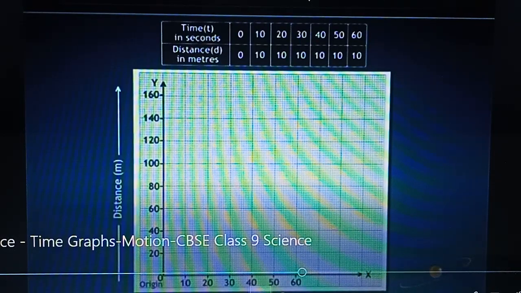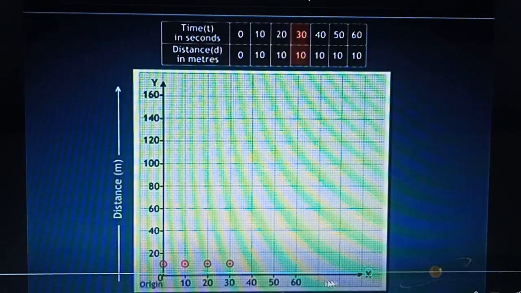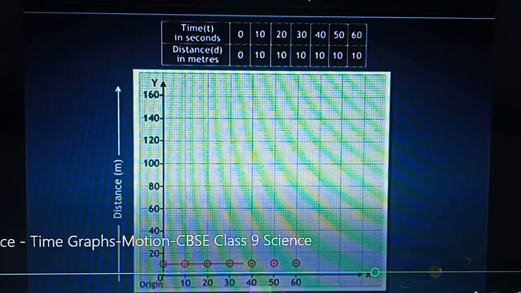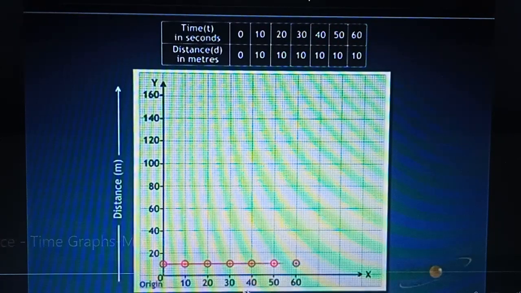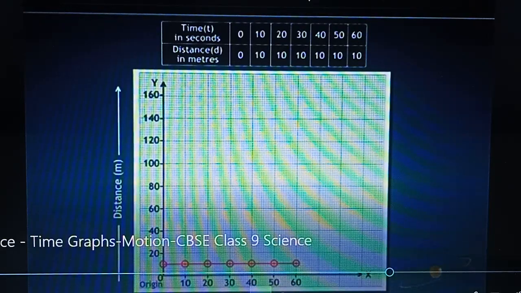If we plot this table on the graph, what will we see? Have a look. We will be getting a straight line. By plotting the graph with these points, we will be getting a straight line which is parallel to x-axis, means the object is stationary.